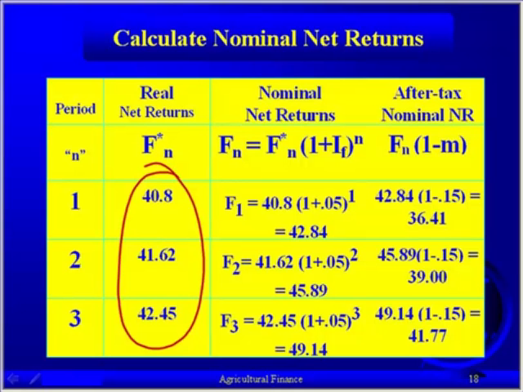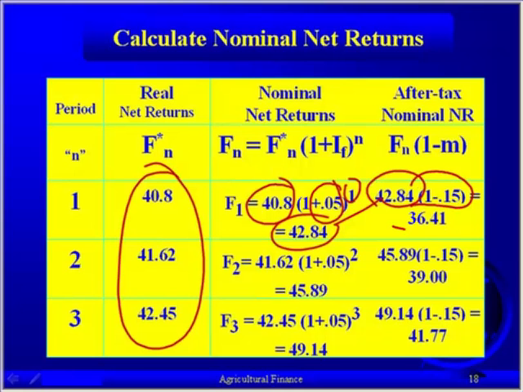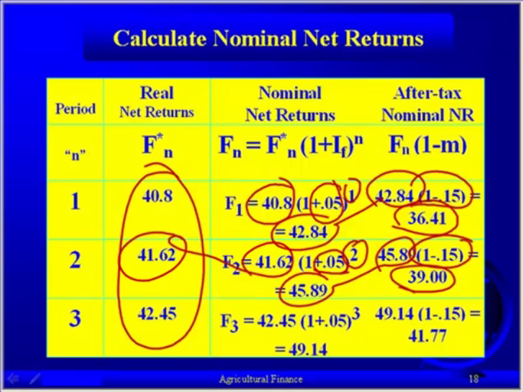After that, however, we treat those the same way as we did before to convert the real to nominal, meaning that we take the real value in the first period, we compound it at 5% for one period. That number we take and we multiply it by 1 minus the tax rate to get the after-tax nominal value. And notice that process also happens in the second period, compounding it at 5% for 2 periods, multiplying it by 1 minus the tax rate, then also to get the after-tax nominal net return.